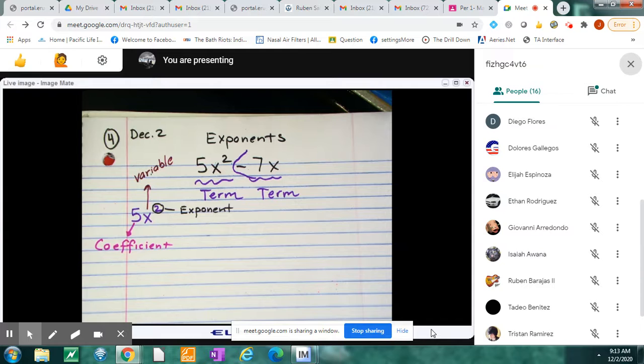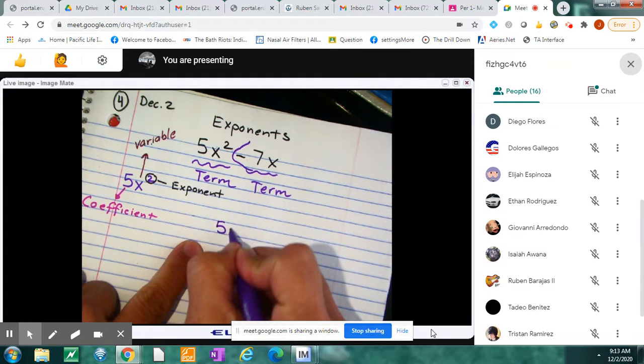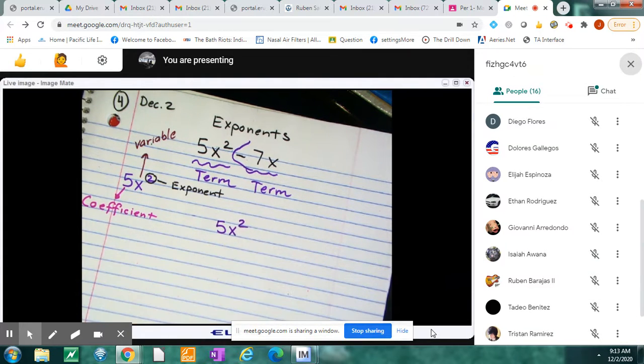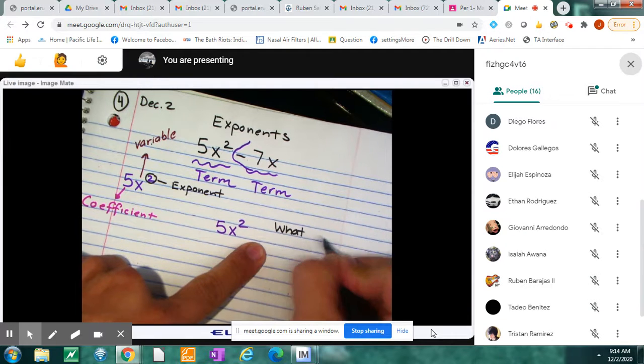So now we're not going to combine. We're basically going to multiply. So we have 5x squared. What does this mean?